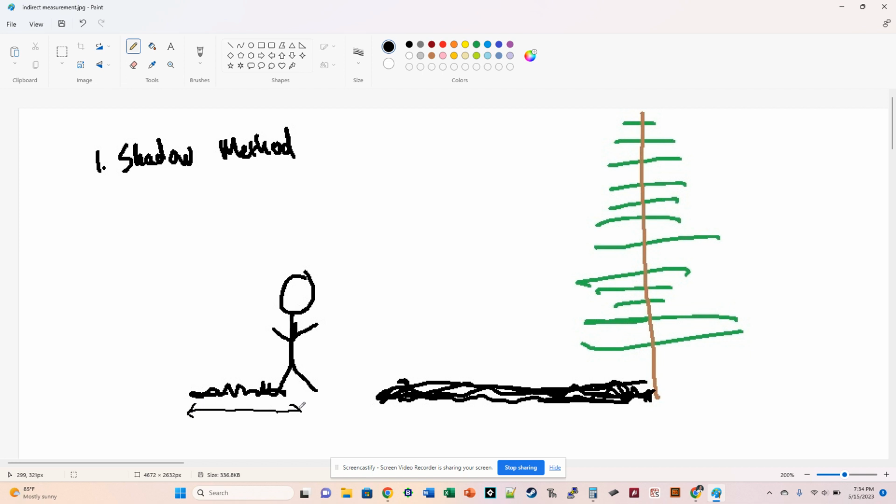First, you should have the length of your shadow to your feet. Next, you should have your height all the way to your feet. It does help to have both of these in inches. Last, you need the length of the shadow of the very tall object.